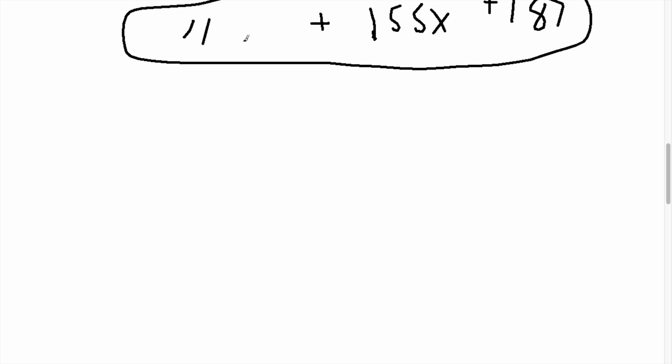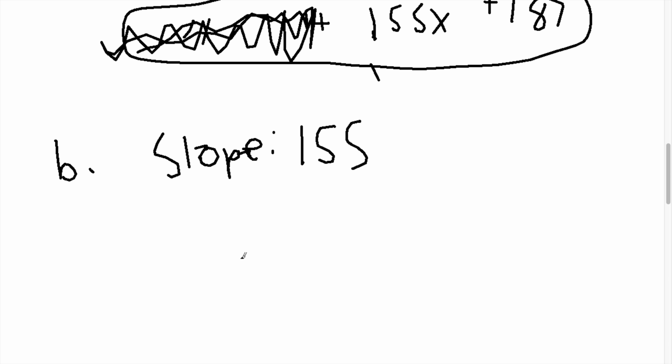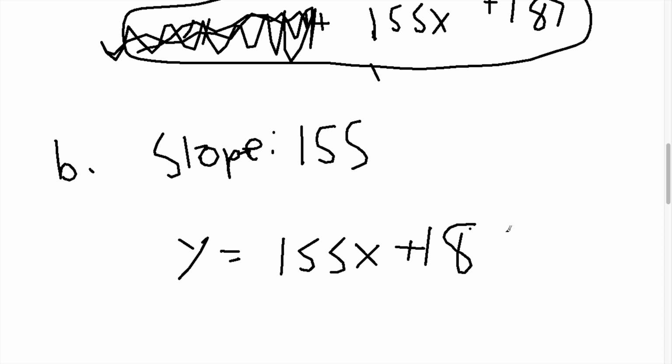Once you get to that point, you disregard the beginning part and keep the end. And that is your equation for the tangent line. So for part B, we know the slope and equation right away. The slope is 155, and the equation is y equals 155x plus 187.